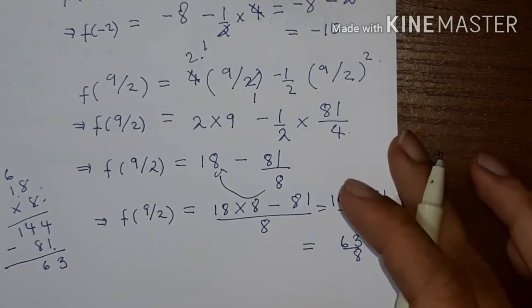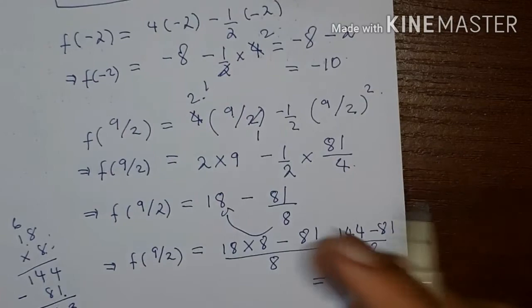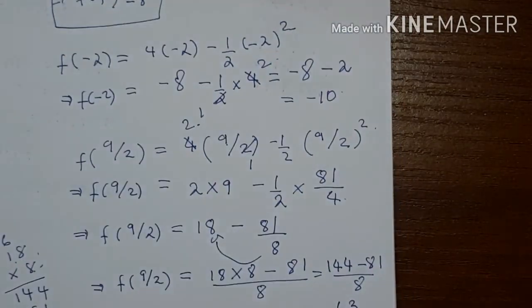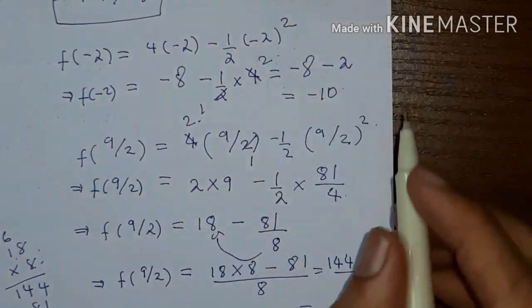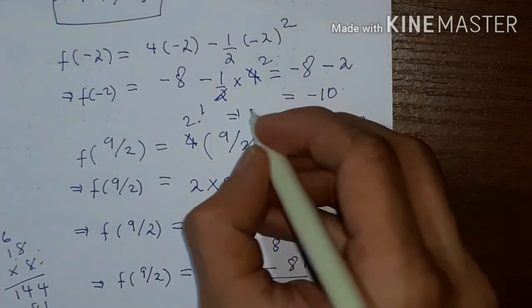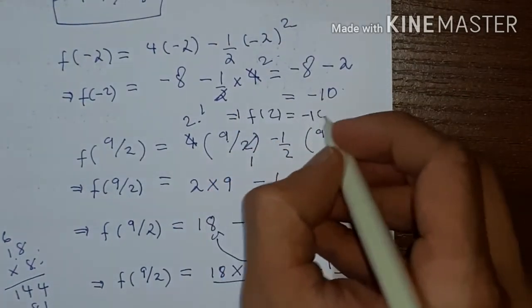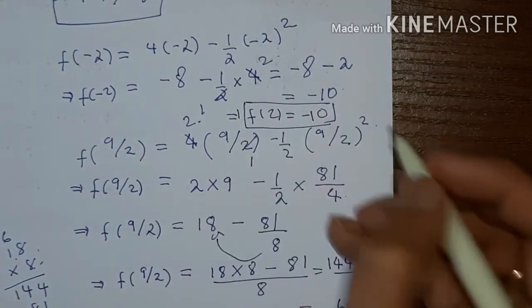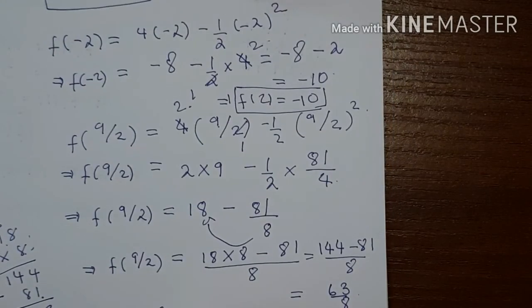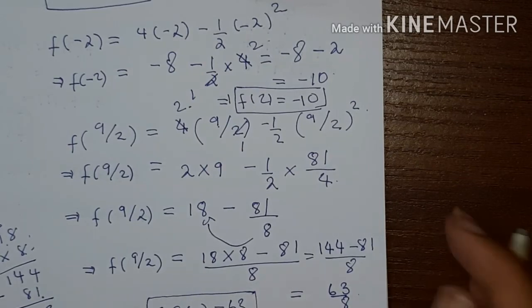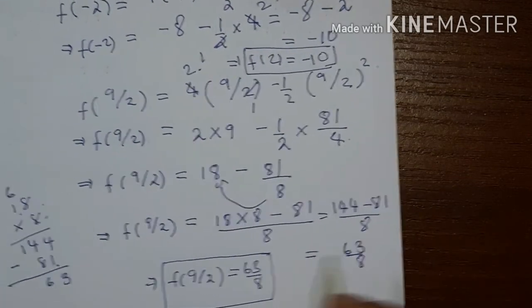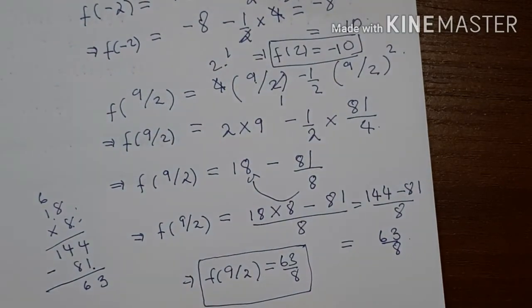So these are the values that I am getting. F of 4 is 8, right? Then f of 2 is minus 10. Then f of 9 by 2 is what? 63 by 8, okay? Now if you look at 63 by 8, let us write it here, okay?